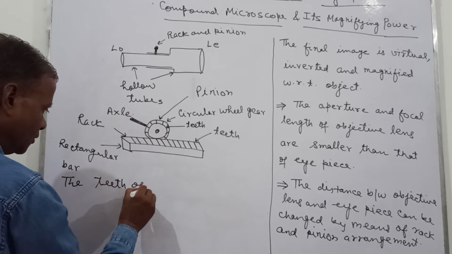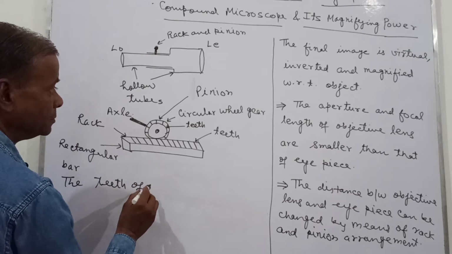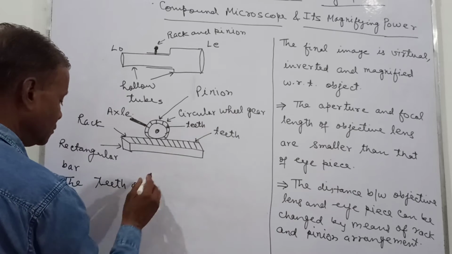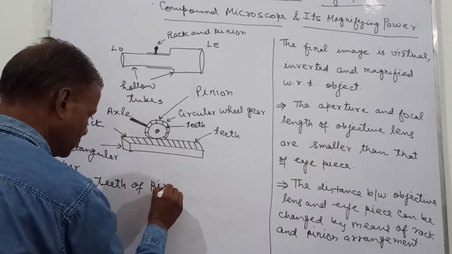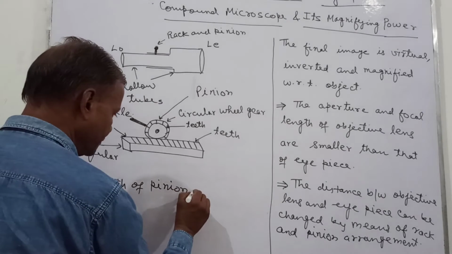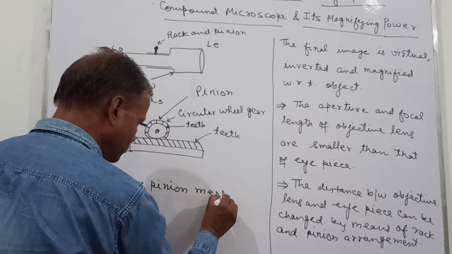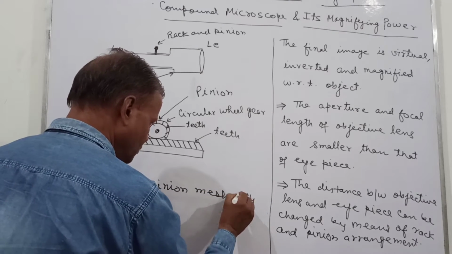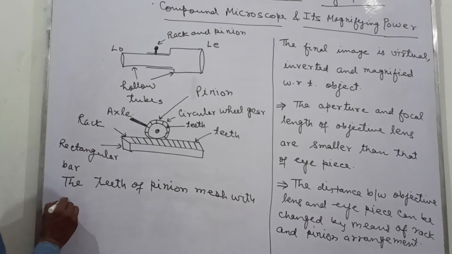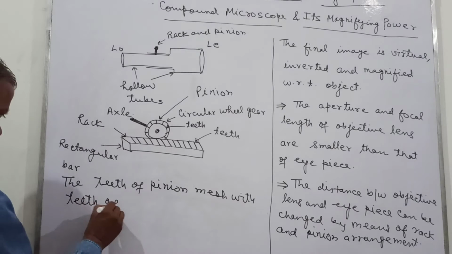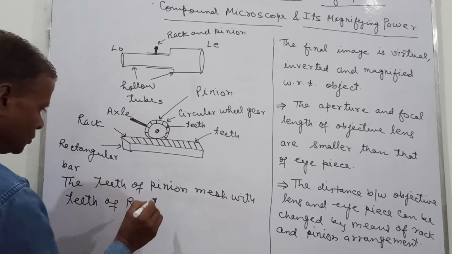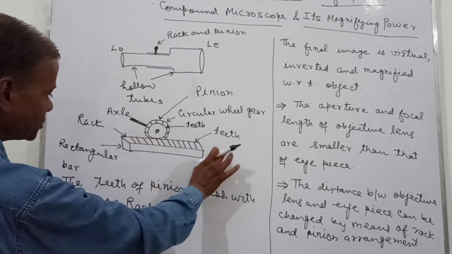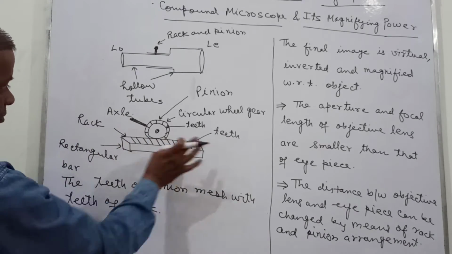The teeth of the pinion mesh with the teeth of the rack. So this whole system is called the rack and pinion.